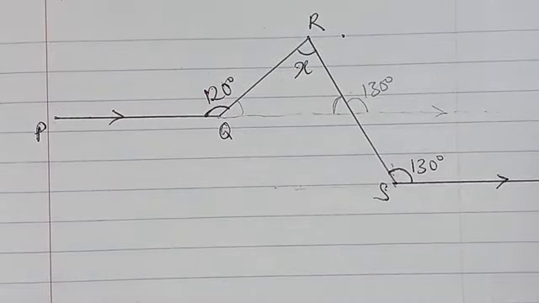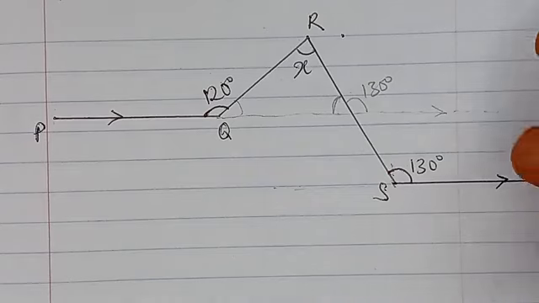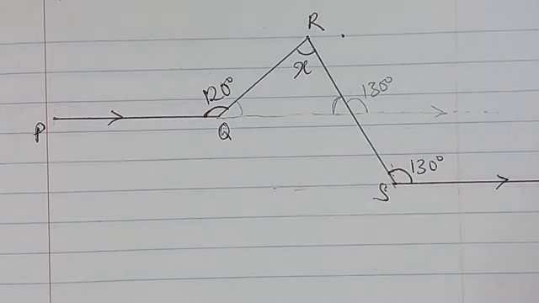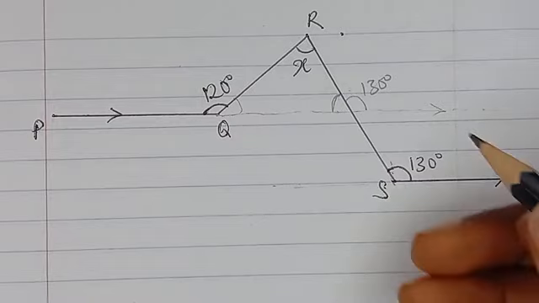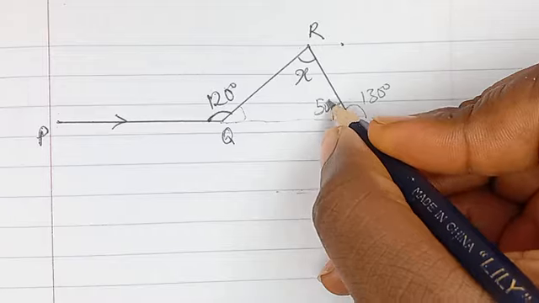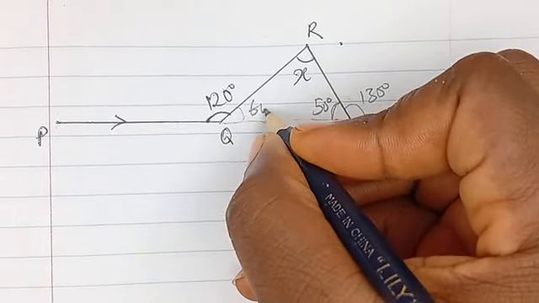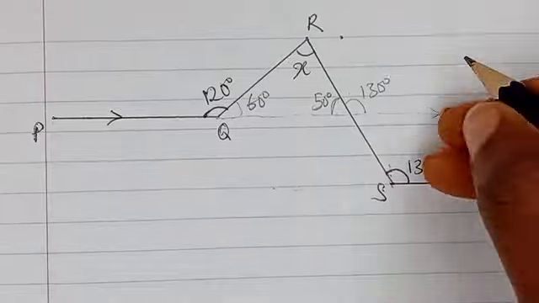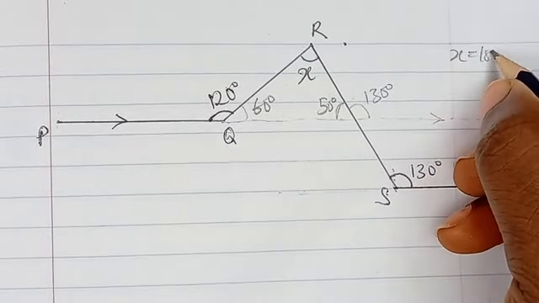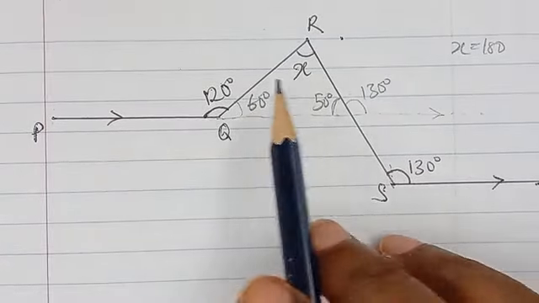You can go ahead, pause the video, solve, and then come back to tell us what x is. So having seen that this is 50 degrees, this is 60 degrees, you can always find x. So x is equal to 180 minus these two angles.